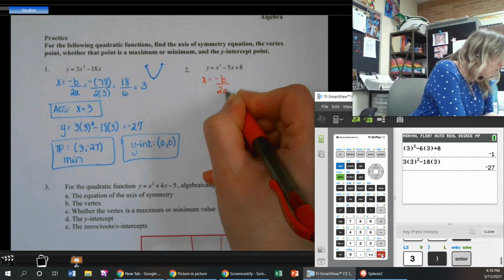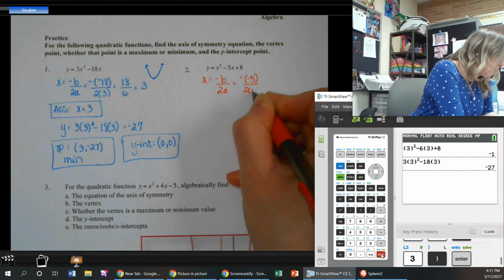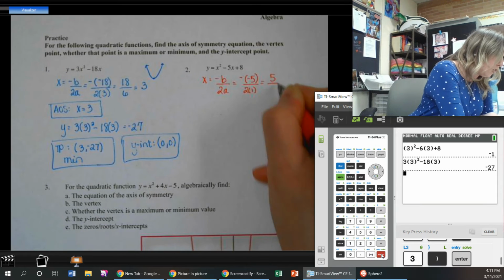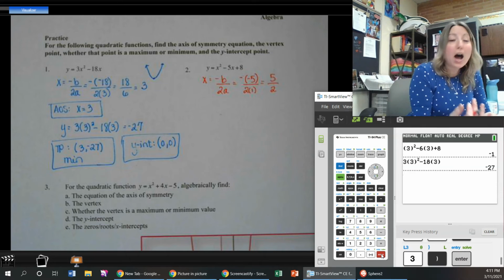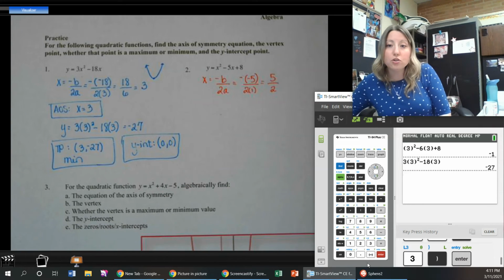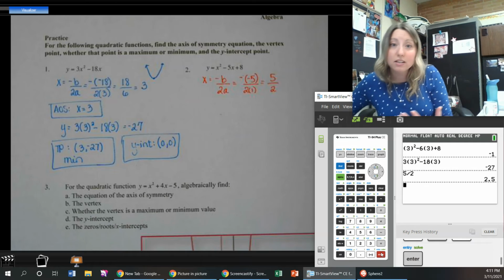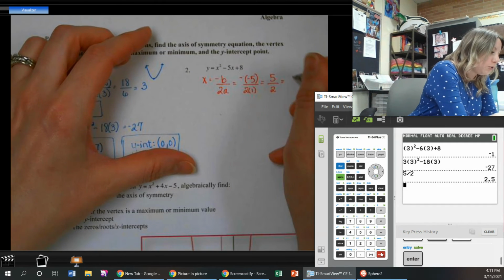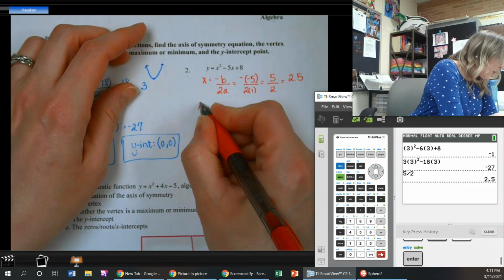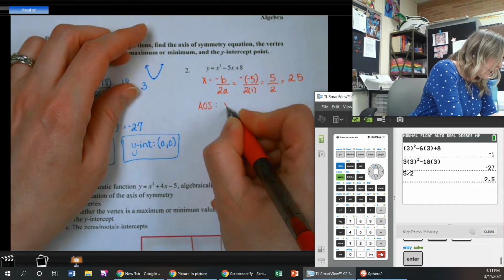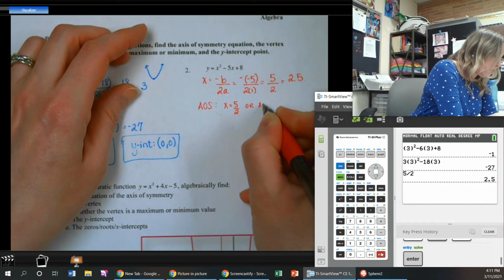So when I go to plug that in, I have the negative of negative 5 divided by 2 times 1, and I get 5 over 2. Can that evenly divide? No. If you want to plug it into your graphing calculator to get its decimal equivalent, you may, but we don't have to. We can leave it as 5 over 2, okay? So our axis of symmetry equation is x equals 5 halves, or we can say x equals 2.5.